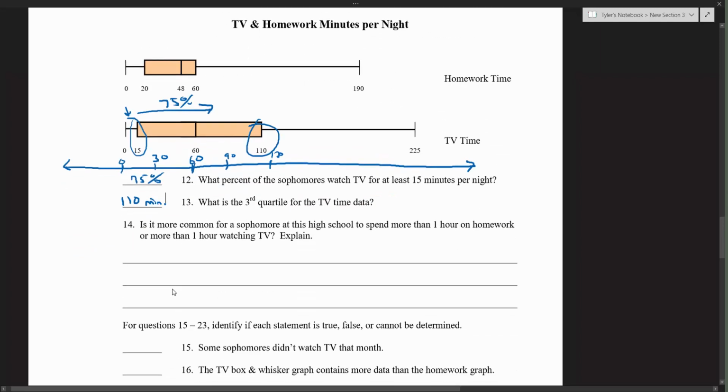right? So now, number 14, we're asking, is it more common for a sophomore at this high school to spend more than 1 hour on homework or more than 1 hour watching TV? Explain. So let me erase some things here.